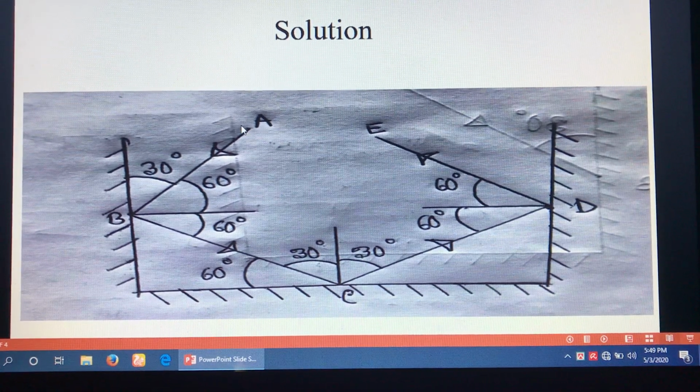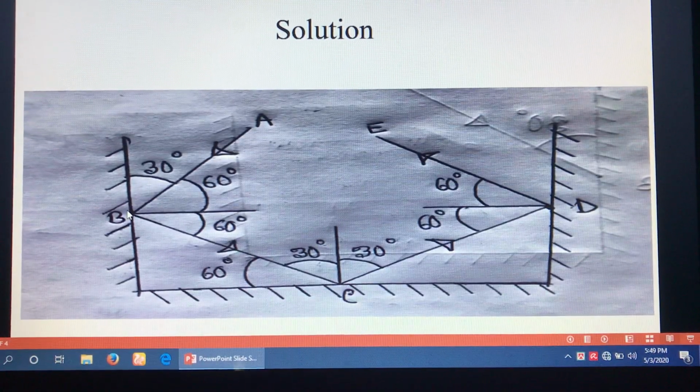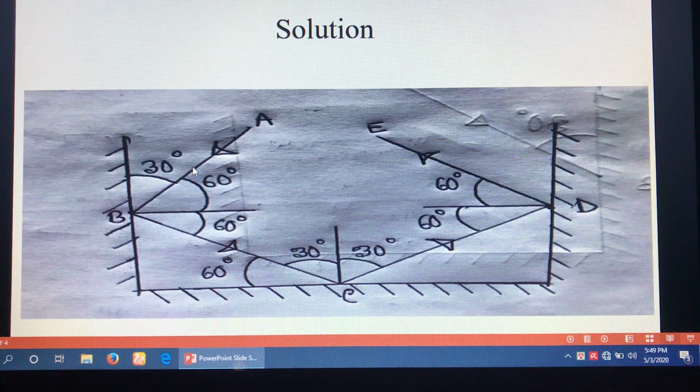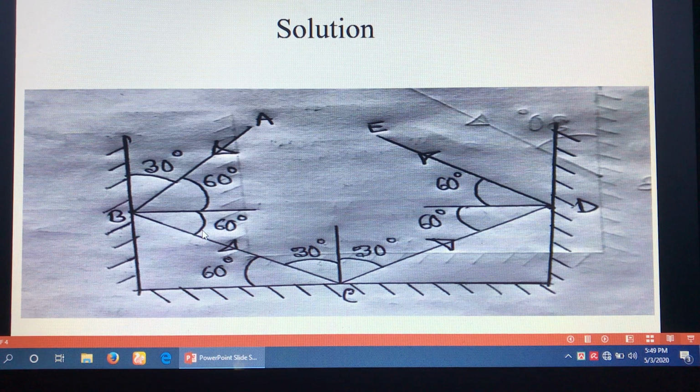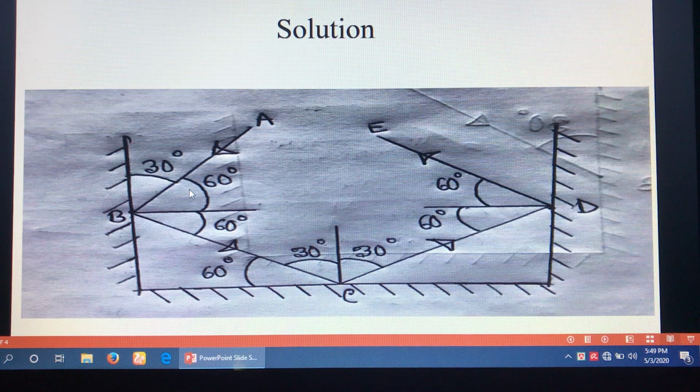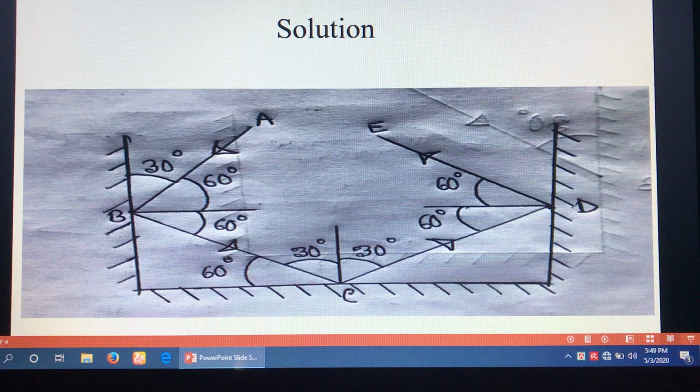First, the incident ray AB is reflected at an angle of reflection of 60 degrees, because the angle of incidence and the angle of reflection are equal. At point B, the angle of incidence is 60 degrees and the angle of reflection is also 60 degrees. So this angle is 60 degrees.